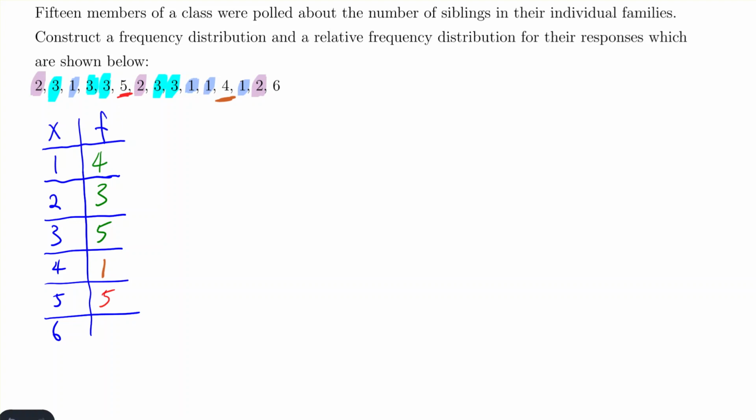And lastly, there's 1 person with 6 siblings. Oh, I made this error again. I'm sorry, I meant to write 1 here: 1 person with 6 siblings. So this table is a frequency distribution.